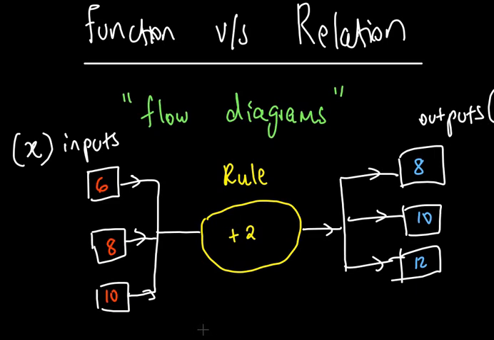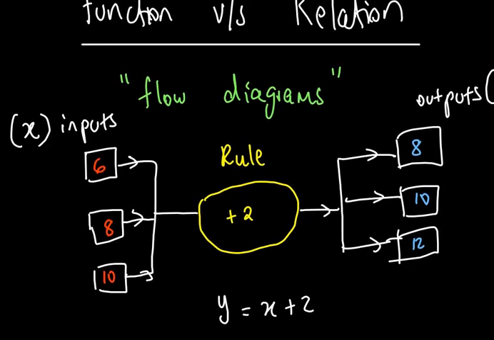Do you agree that y is actually equal to x plus 2? Because x is the input, and your rule is to add 2, and then you get the output as y. Great. So that is why this thing that you see here is what we then call a function.